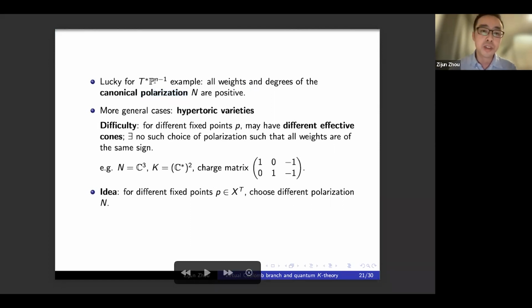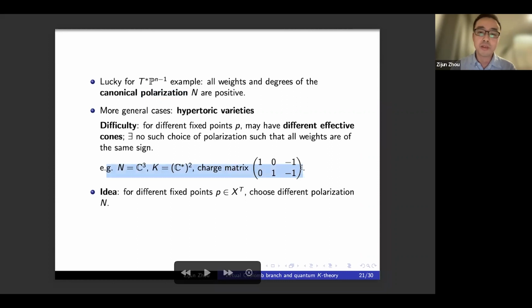So for Pn minus 1, all the weights of N are positive. And for T star Pn minus 1, there is this canonical polarization N, whose weights are all positive. And this is not true in general.